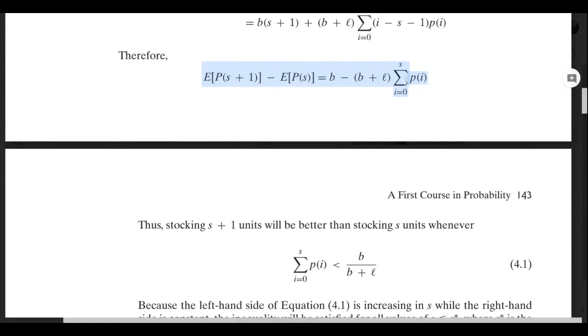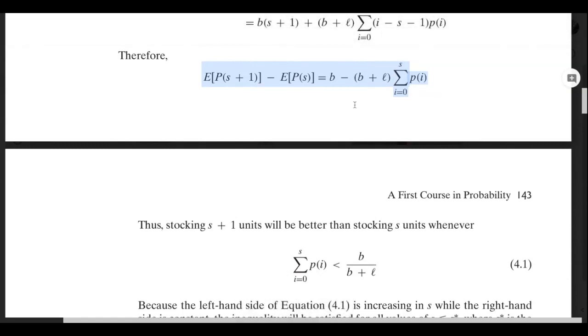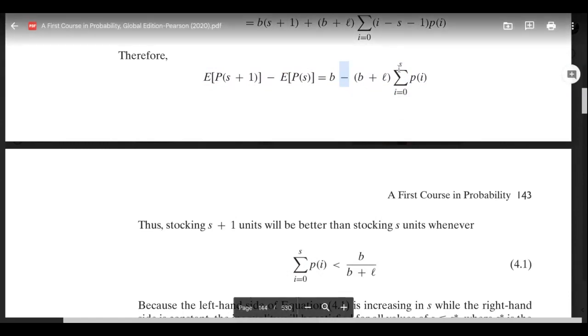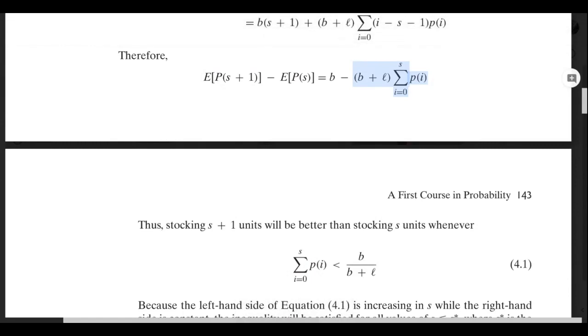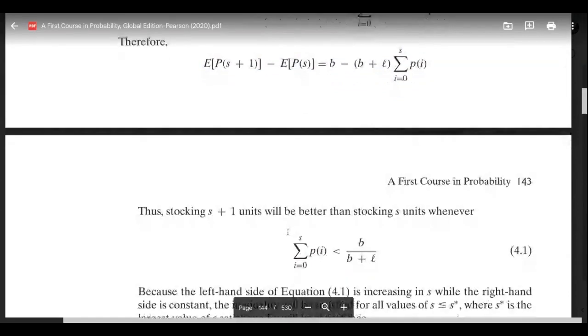So what we could do is B over, so if this one is less than B over B plus L, yes, right? Because this is subtraction. If this one is less than B over B plus L, means this whole thing is less than B. Right? Then this will be a positive number, which means it's better to stock one more unit.